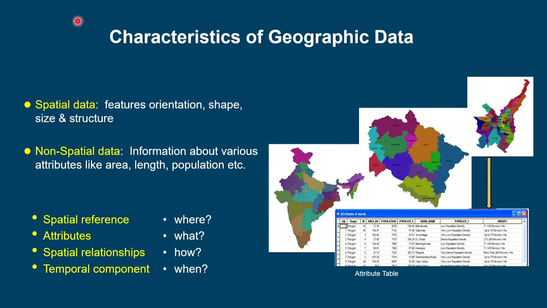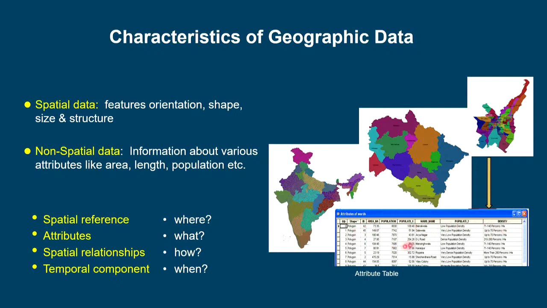Then characteristics of geographic data. As I already mentioned, there may be spatial data as well as non-spatial data. Spatial data is nothing but the maps which you have already seen. These types of maps are basically called spatial data, and attribute data is basically the data about this spatial data, and that attribute data is stored in the form of tables.